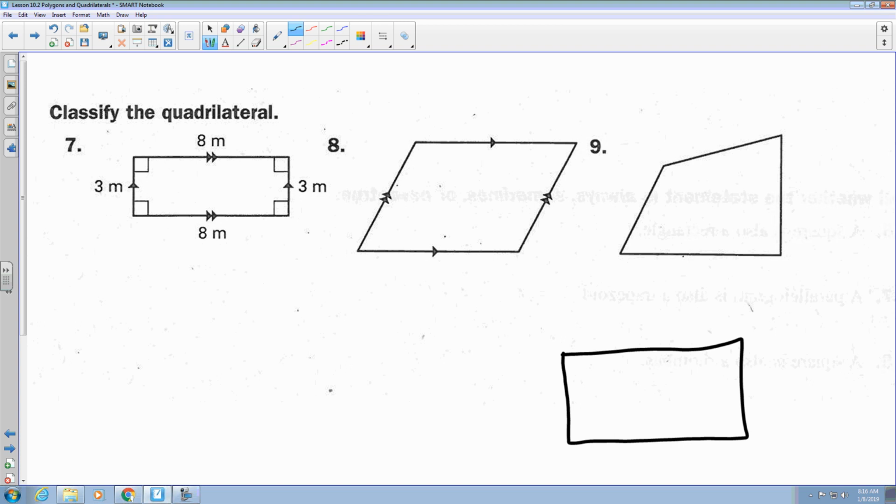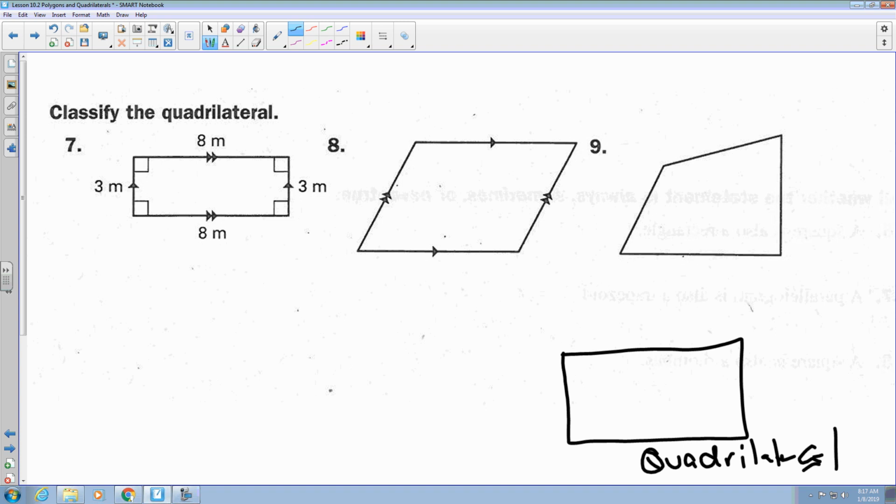So just from this perspective with no other information, all we can say is this is a quadrilateral. Now, if they had some other measurements, if they had 90-degree angles, stuff like that, we can make a more accurate assessment. But because that was all they gave us, this is what we can say.